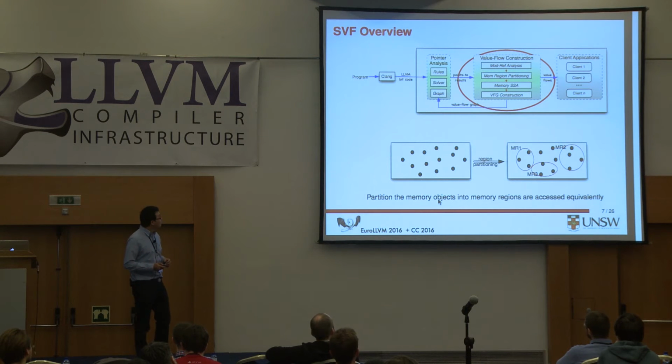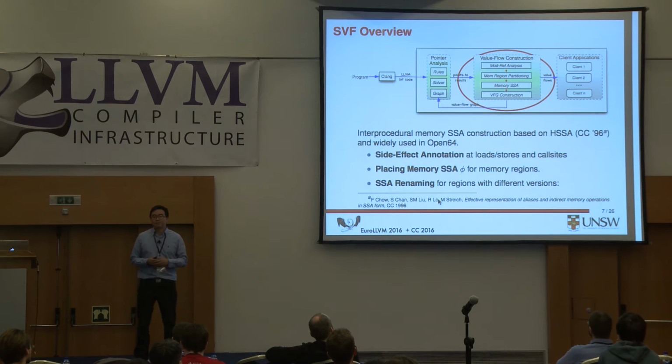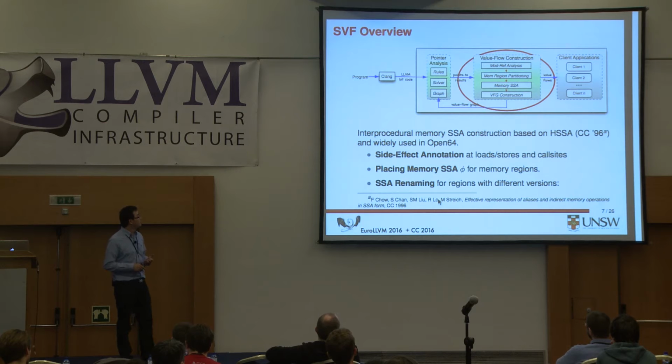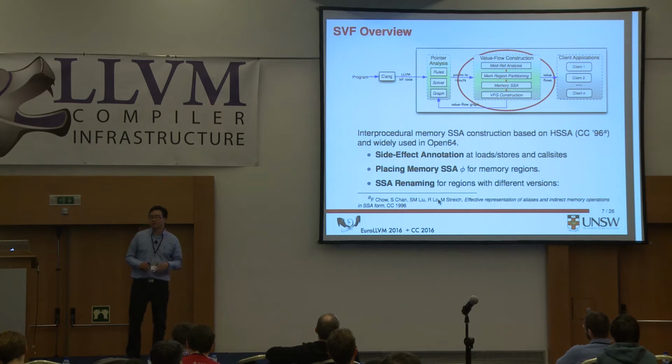So given the memory regions we have partitioned, the next step is we need to construct the memory SSA form. So we follow HSSA, which was proposed in a very long-time-ago CC paper. This algorithm, or this HSSA form, has been implemented in Open64, and it has shown effectiveness for many years, although Open64 has already died now.